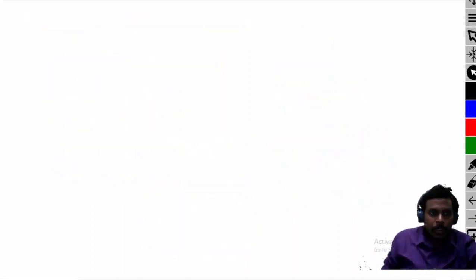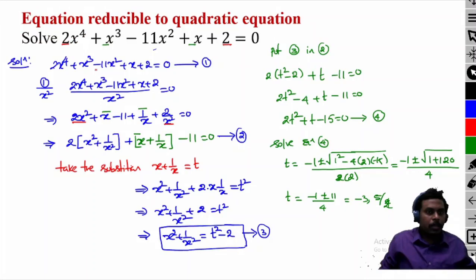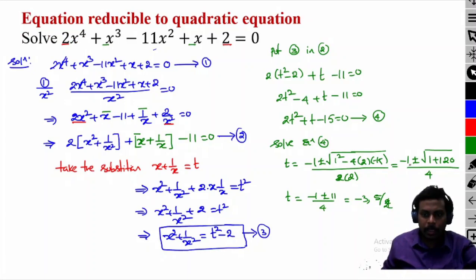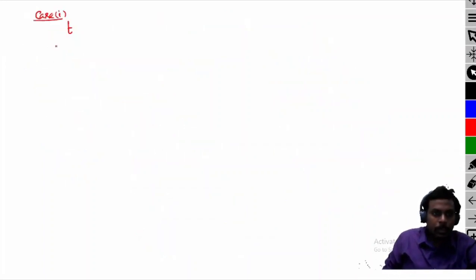Let us see the values here. Let us take case 1. The values here are minus 3 and 5 by 2. So the first case is t is equal to 5 by 2.